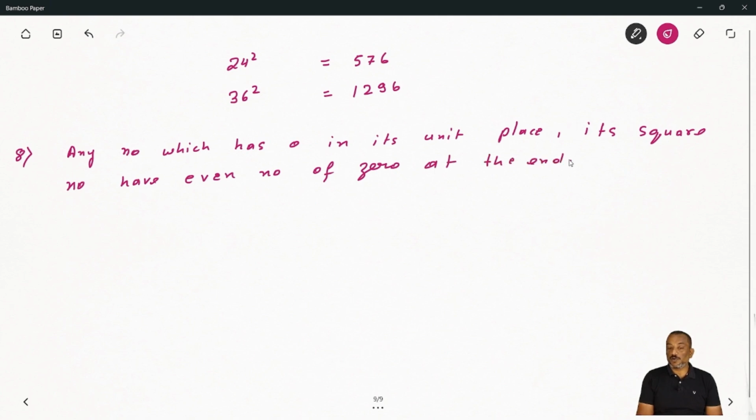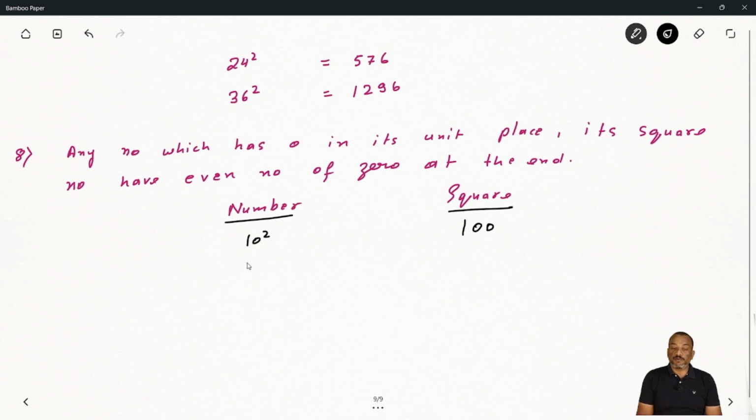Okay. So you can understand here, suppose you have 10. Here I'm writing a number and here its square. If I say 10, 10 square, 10 has how many 0, 1 zero. So 10 square you will get an even number of 0, which means 100, 2 zeros.